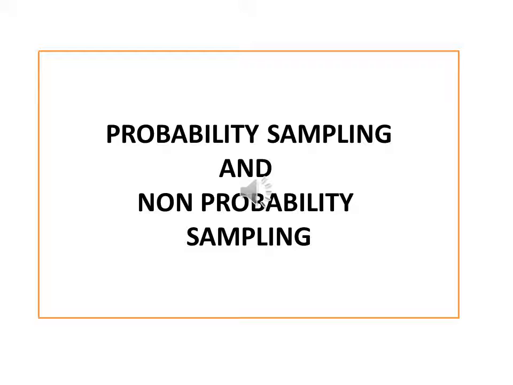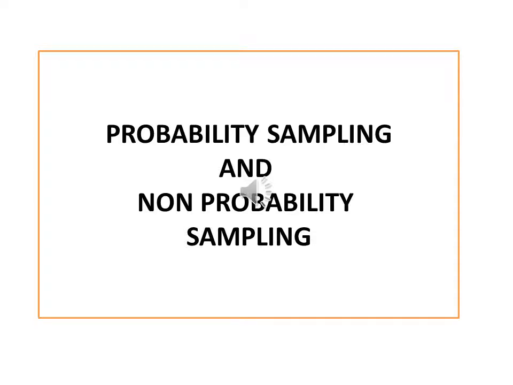What is the difference between probability and non-probability sampling? Probability sampling must be defined and non-probability sampling must be defined. You can go back to your reference and take a lot of information about probability and non-probability sampling.